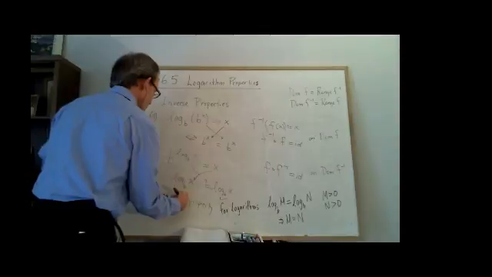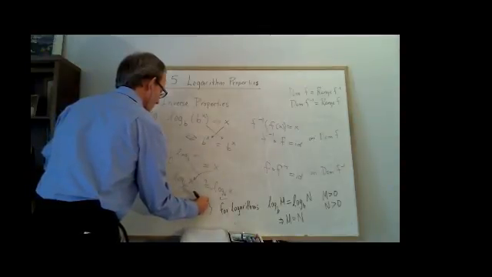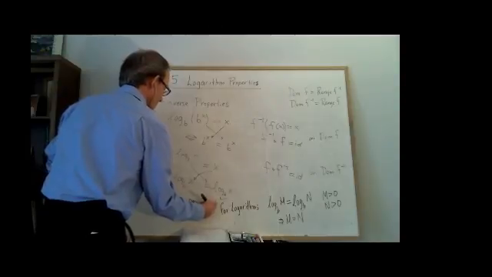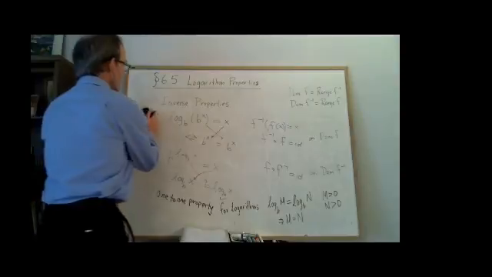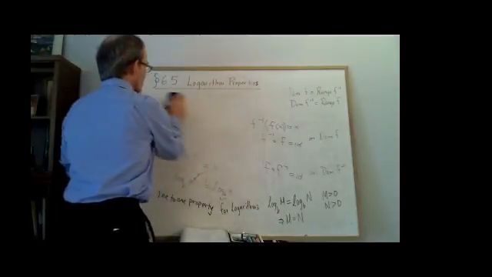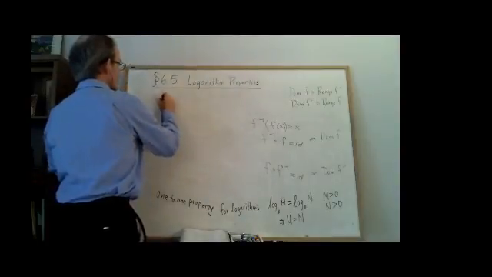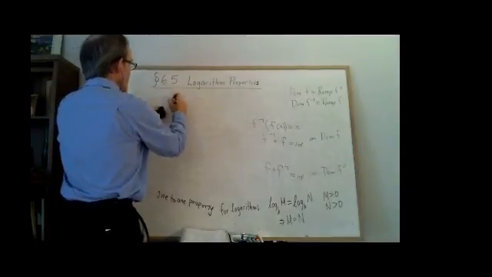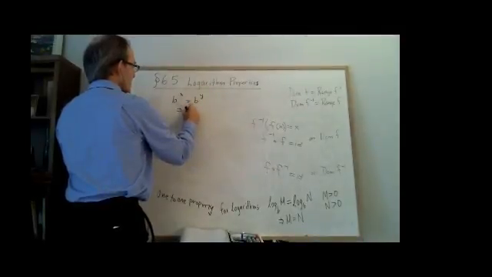There's also a 1 to 1 property for the exponential function, which I might have alluded to before. The base b raised to the power x is equal to base b raised to the power y implies x equals y.